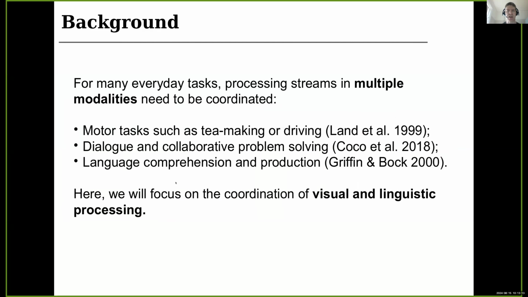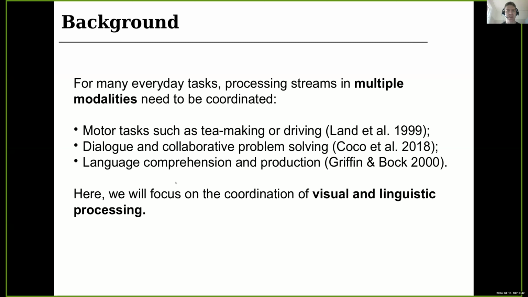And obviously, this hasn't escaped the attention of cognitive scientists. There are quite a lot of studies already, and here I've just picked out three examples that are pretty well known. Michael Land in the 90s already eye-tracked himself making tea. This is a fairly famous study where you can follow the attention pattern in an everyday action like tea making.